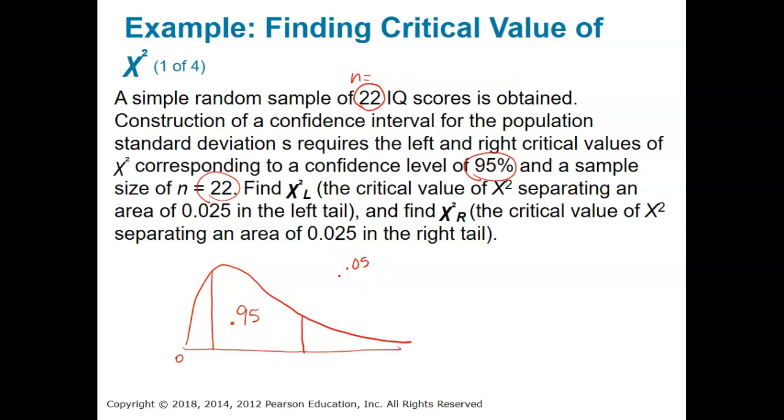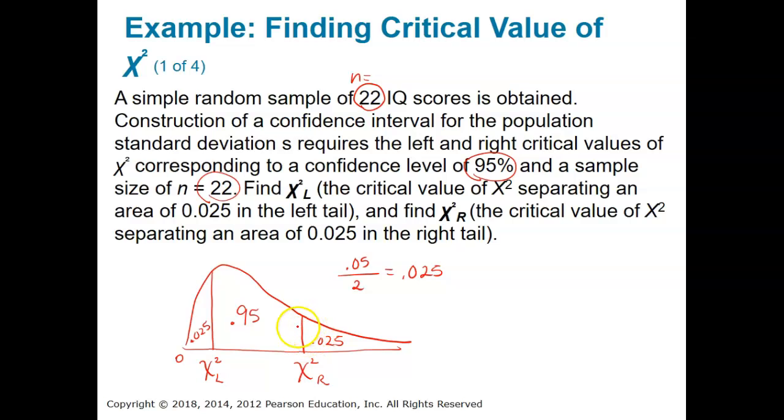So if we take our 0.05 and divide that in half, we'll have 0.025, and that's the part that we need to make sure is in each tail of our graph. Okay, so we'll take the 95, put it in the middle, split the remaining part. This is going to be chi-squared left, and this is going to be chi-squared right that we've got defined.